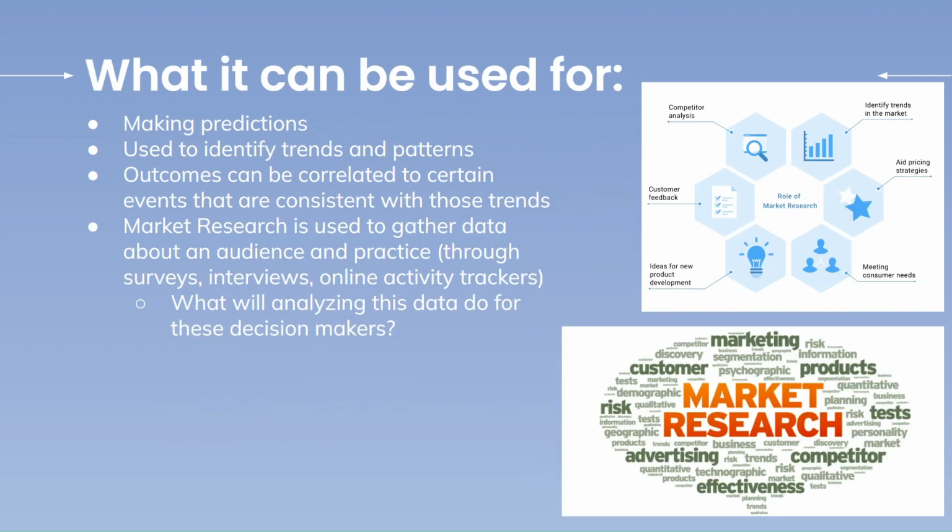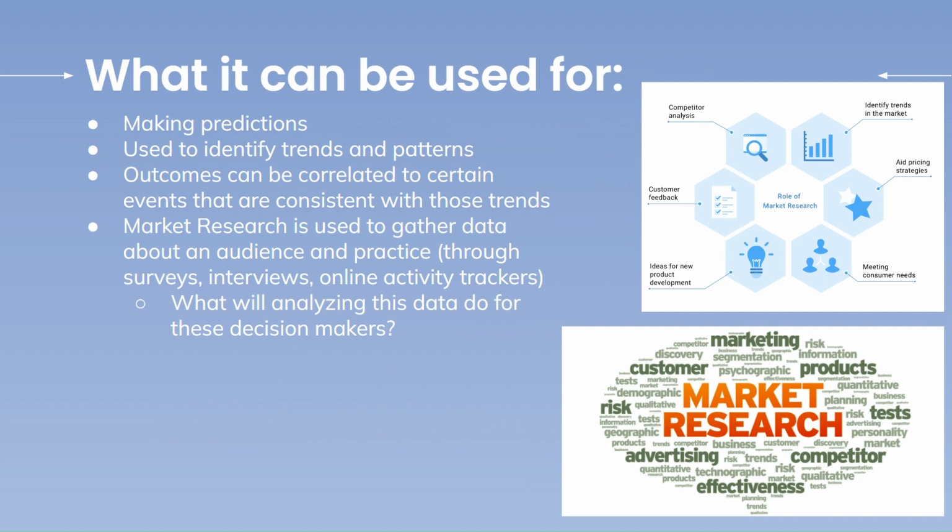And these can be very useful for making predictions, very useful for predictive analysis, and it's used for identifying trends and patterns, which can be very useful for anyone in businesses or social media campaigns where they're able to then see which events are consistent and which trends to remain on.